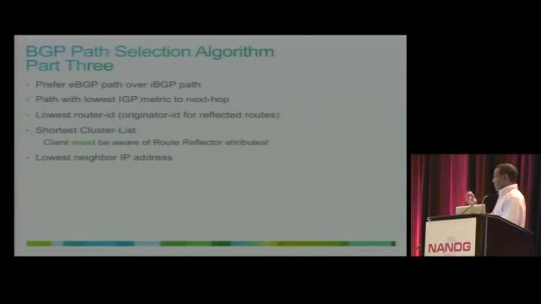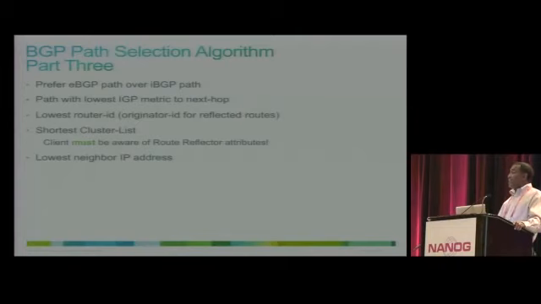Then the next one is to prefer eBGP paths over iBGP paths. If a router receives the same route, one from an iBGP peer and another from an eBGP peer, then the route from the eBGP peer is preferred over the route from the iBGP peer, obviously considering all the previous comparisons are the same.